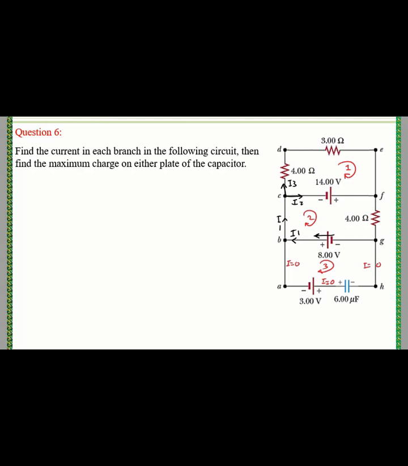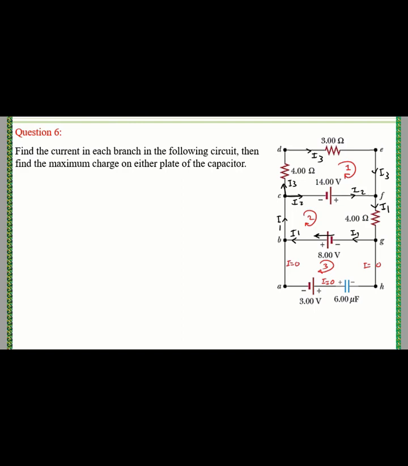I3 can continue to D, then to E, and it will fall from E to F. I2 will continue to F. It will meet I3 and they will together form I1 again. It will go to G, then it will go to B. So there is no current from G to H to A to B.